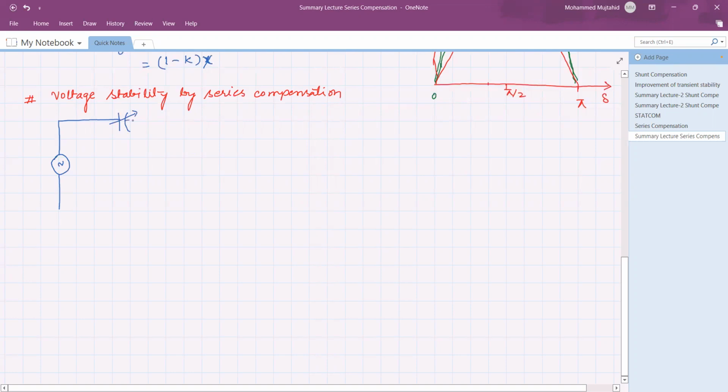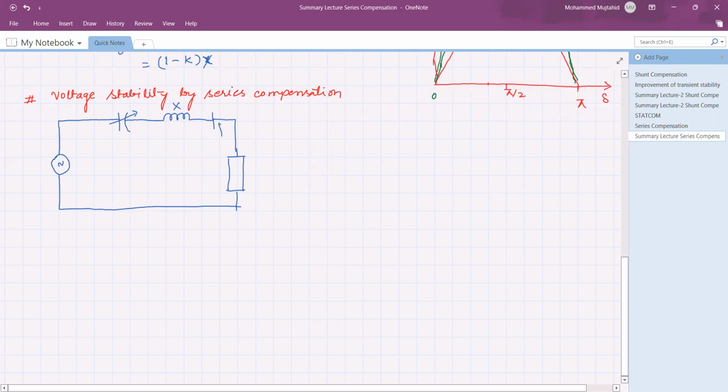The value of voltage across the capacitor is going to change by some different method, we will discuss later on. Now this is the reactance of the transmission line, and the load is connected at the end of the transmission line, so it becomes a radial transmission line system.